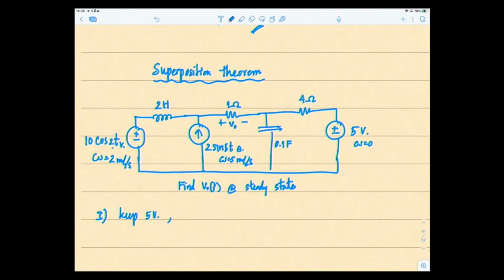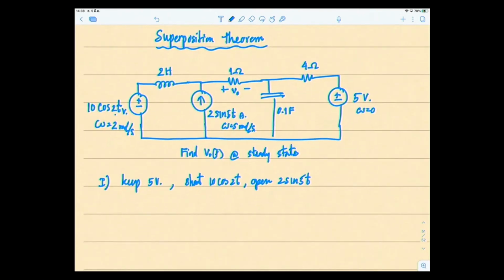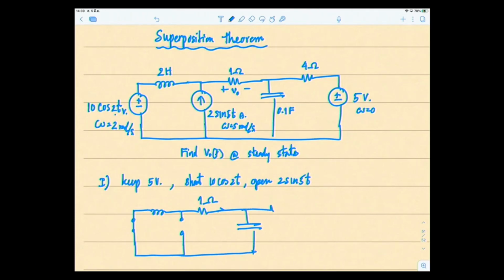So short the 10 cos 2t and open the 2 sin 5t. So if I just do that first, short, open current source, 1 ohm, capacitor, 4 ohms, plus minus 5 volt, and you want to find Vout right here.